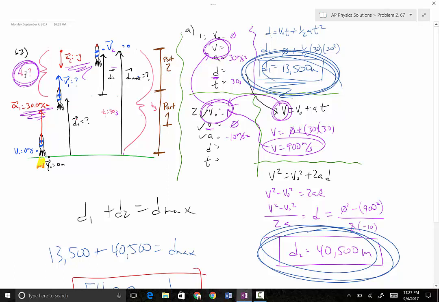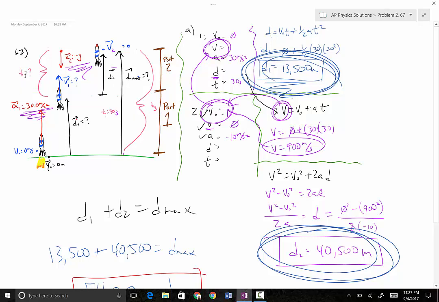And I don't know for how long it accelerates on its way down. You could solve the second and third part of this problem with a quadratic, but because I solved the previous problem with a quadratic in a video a couple days ago, I'm going to solve this one using a different method that I'll show you right now.